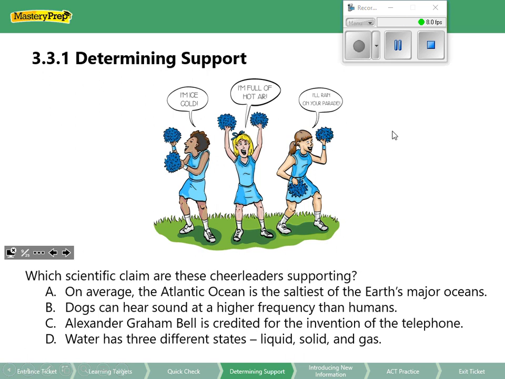I mean, it is true. I mean, both of those are true. Alexander Graham Bell is credited for the invention of the telephone. Water has 3 different states: liquid, solid, and gas. Because I'm ice cold, so ice is solid. Hot air is gas, and rain is liquid. So it would be D.